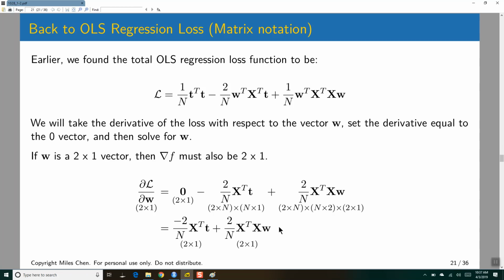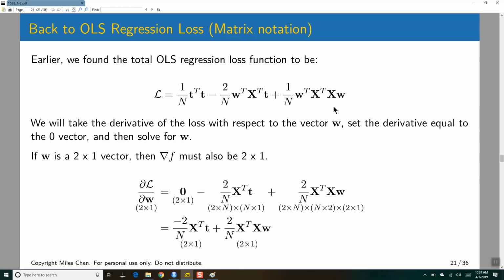All right, so we will take a look at our OLS loss function, which is the mean squared loss. I've just distributed the 1 over n term. So I've got 1 over n times t transpose t, minus 2 over n times w transpose x transpose t, plus 1 over n w transpose x transpose x w. So this is our loss function.